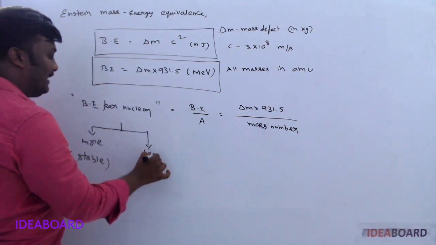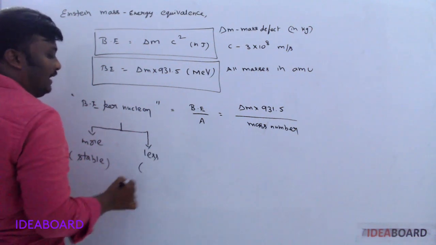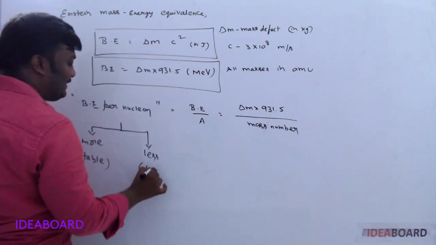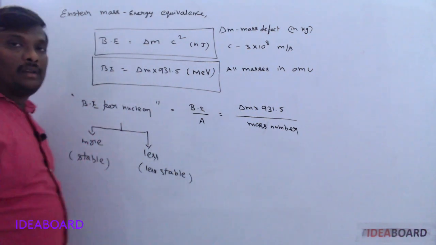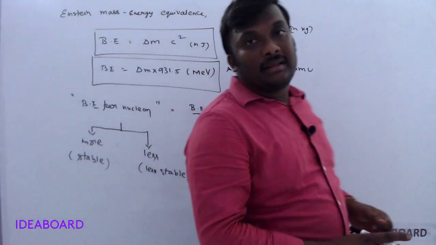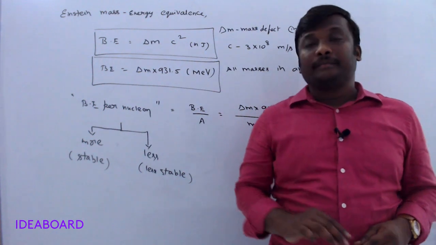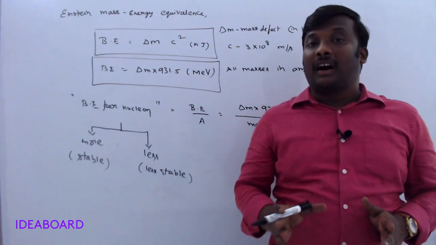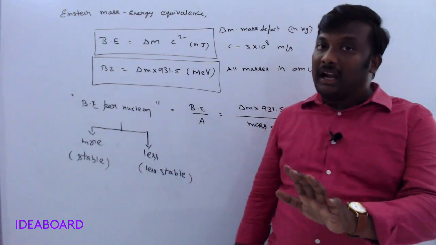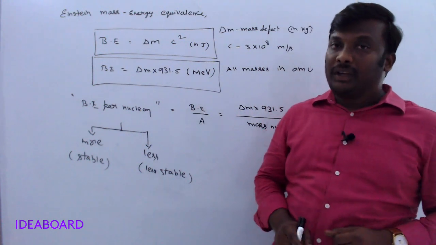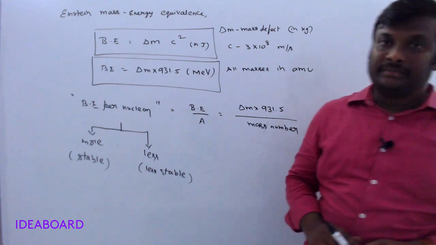If this value is less, that indicates the nucleus is less stable. If anyone asks about stability, then you go through the binding energy per nucleon, not the binding energy. Keep that point.